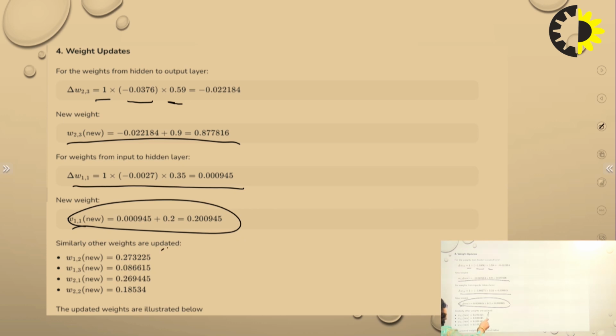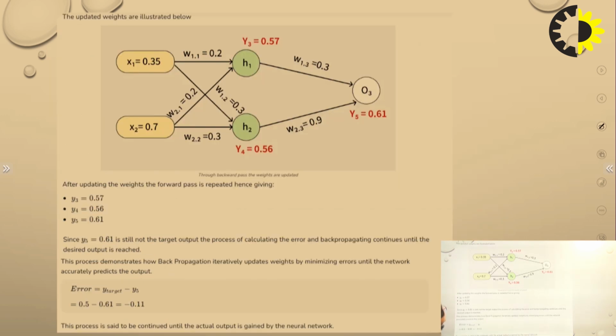Similarly we can calculate all the weights, and now we calculate the output produced by this neural network using the updated weights, layer by layer, until we reach the final output of the output layer.